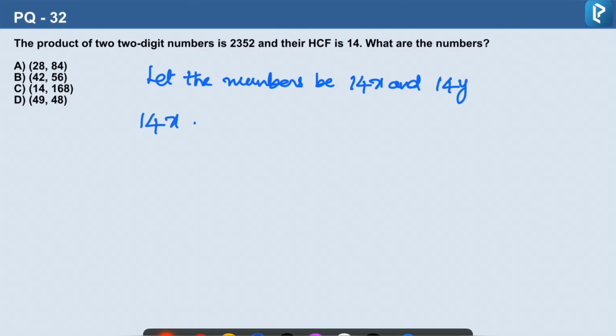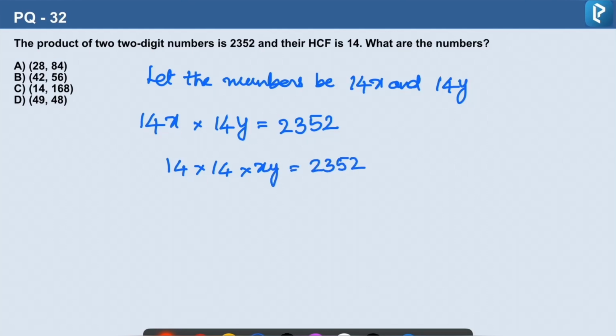14x multiplied by 14y is 2352. So if you multiply, you get 14 into 14 into xy is equal to 2352. So xy is equal to 2352 divided by 14 multiplied by 14.